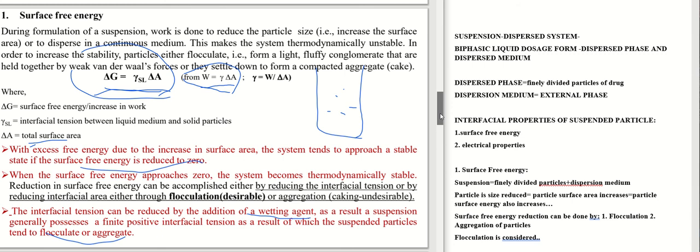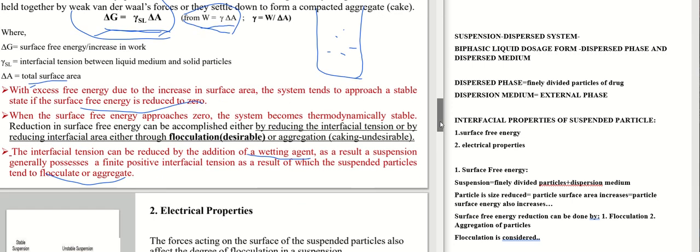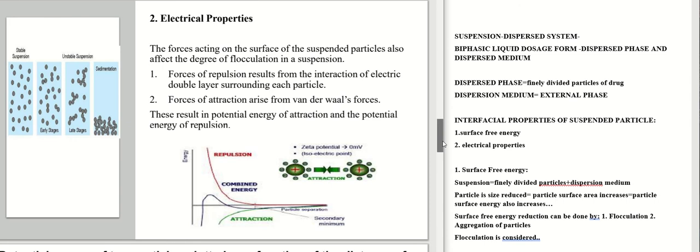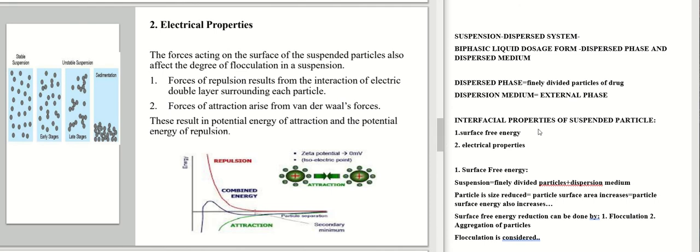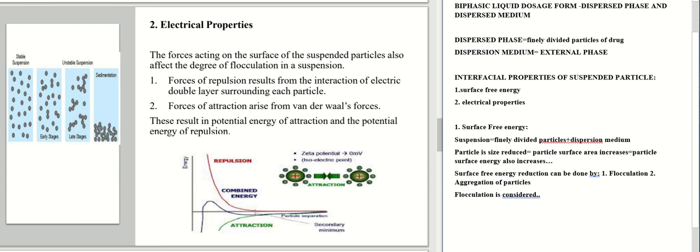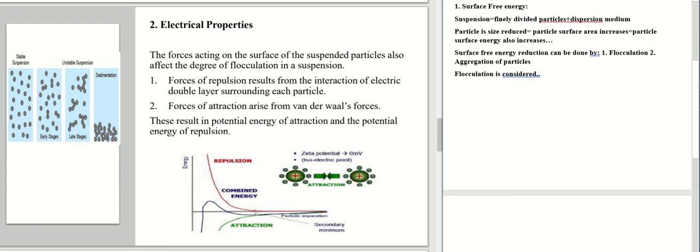The next property by which we can study and improve the stability of a suspension is the electrical property. Electrical properties play a really major role in studying the stability.